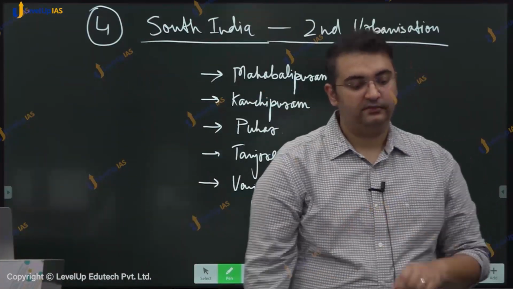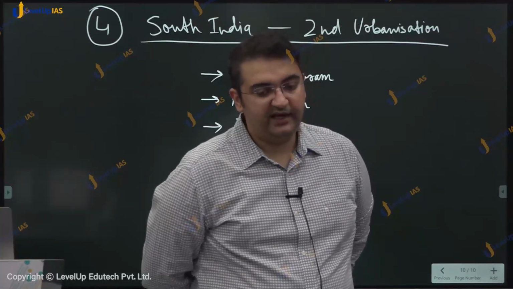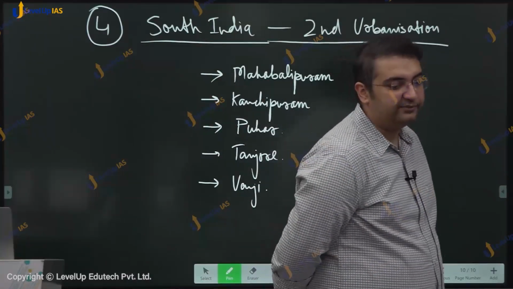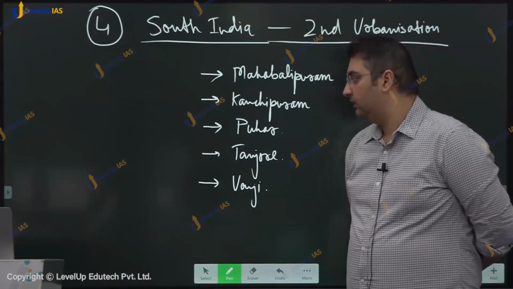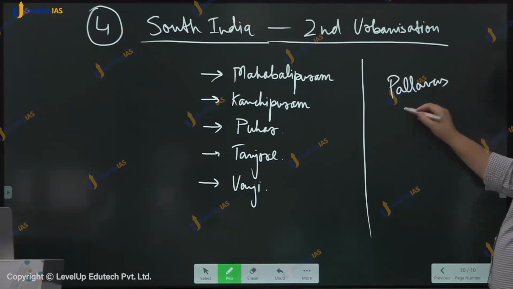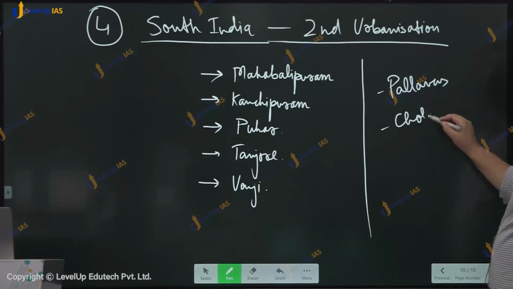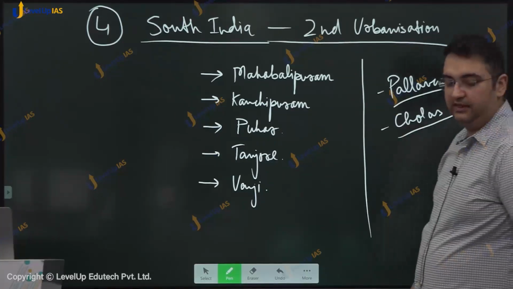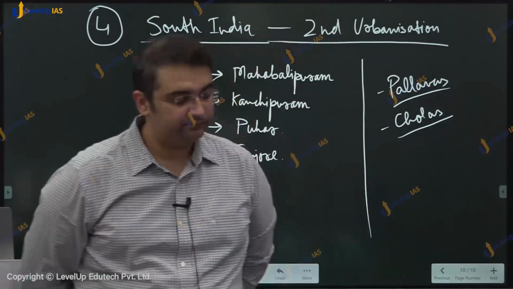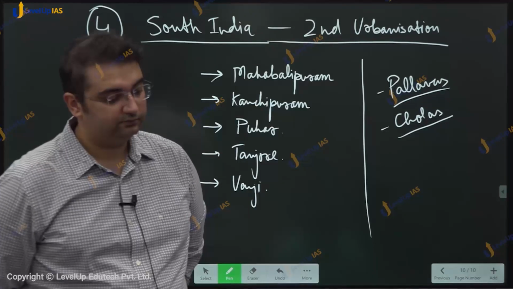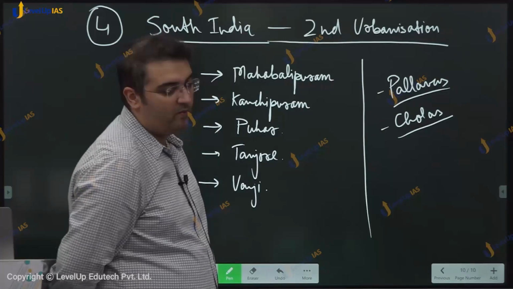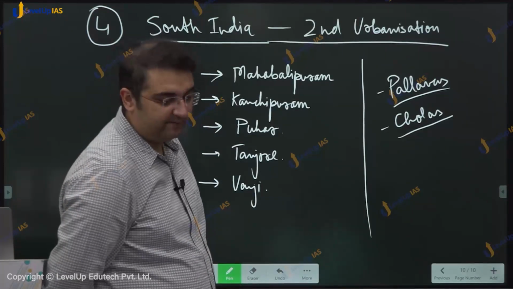Full stop. Subpoint. This period also witnessed the emergence of powerful kingdoms such as the Pallavas and Cholas in the deep south. ठीक है?